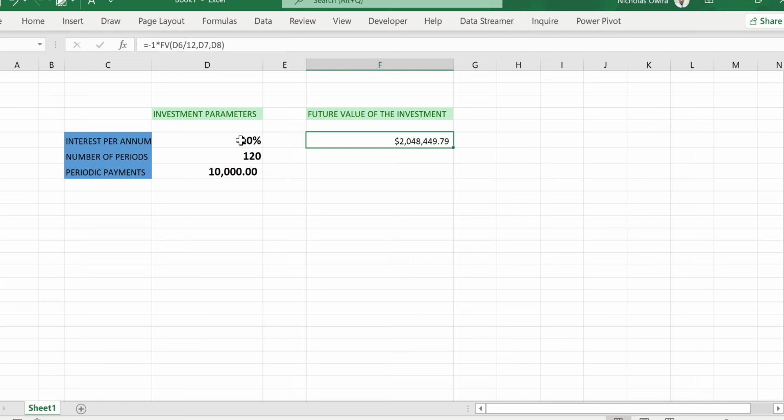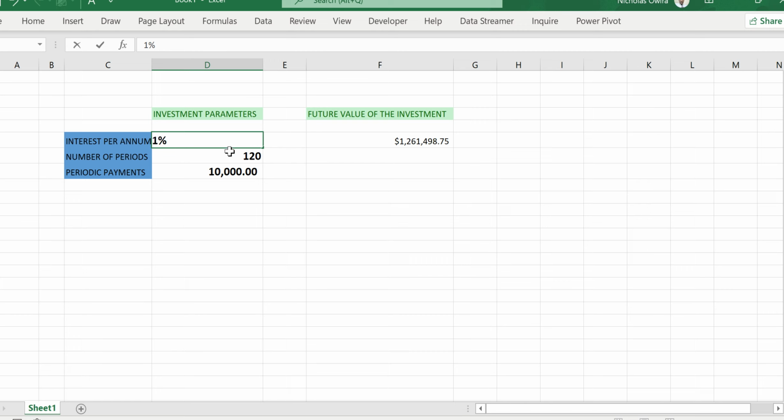If we change this interest rate now to, let's say, 12%, our value is supposed to change. You can see it has changed. If we change it to 30% per annum, our value is going to increase. If we change it to 6%, our value is going to decrease. If we change it to 1%, our value is going to decrease even further.